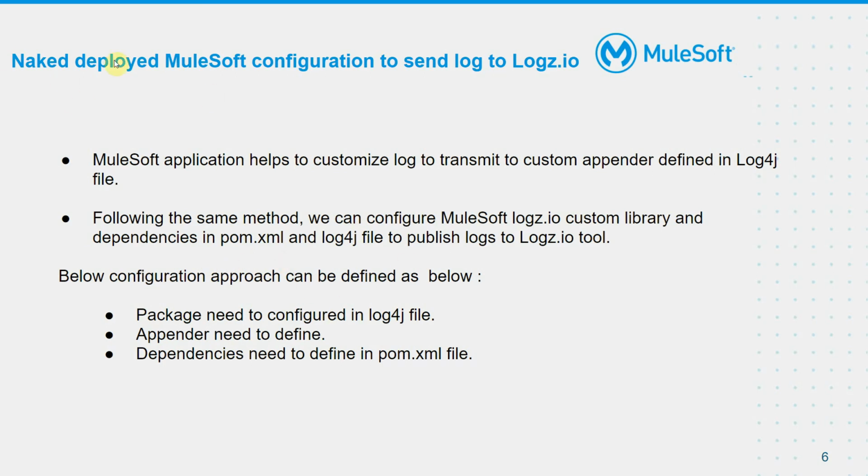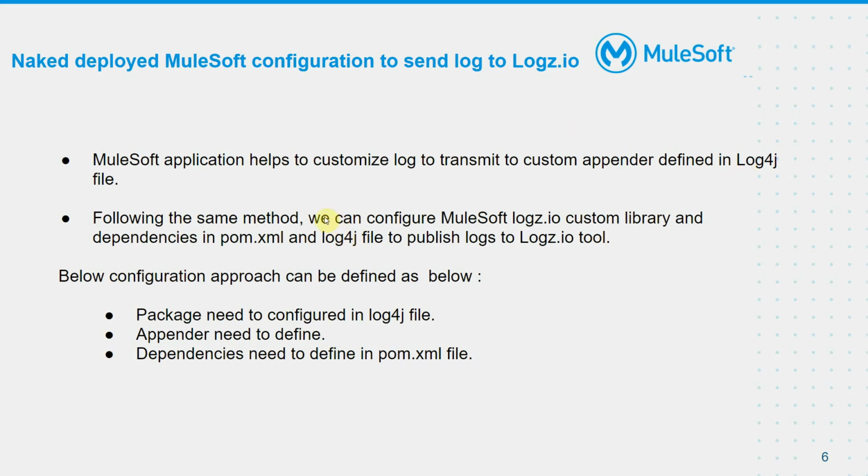Definitely you can use the logz.io APIs to publish the logs, but as the plugins are already available, we do not go down that path of sending logs to the logz.io APIs. So we perform the configuration in Log4j and add the dependencies required to publish the logs to logz.io.